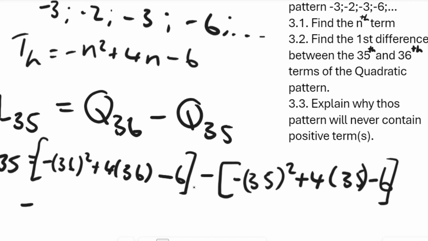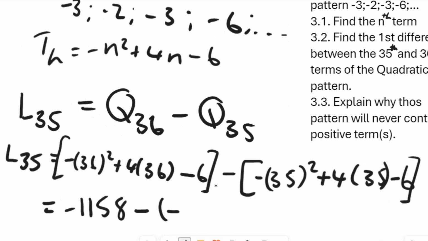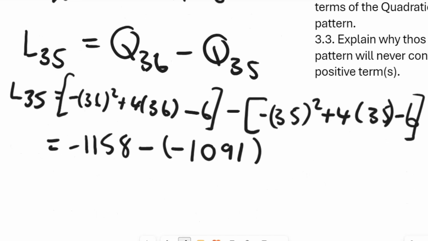Okay, this one in the first bracket, this one here, it will give you negative 1158. Don't make mistakes, press your calculator, you'll find negative 1158, and then you subtract from it negative 1091, and then you close the bracket, and then this is just a negative 1158, negative 1158 plus 1091.